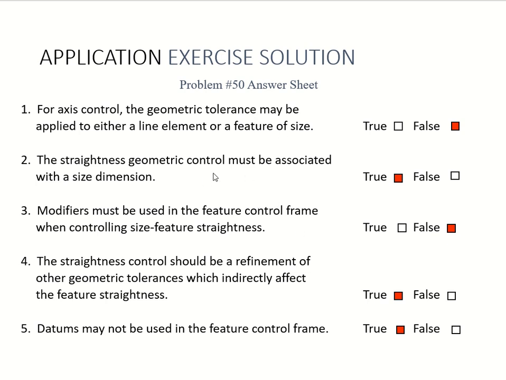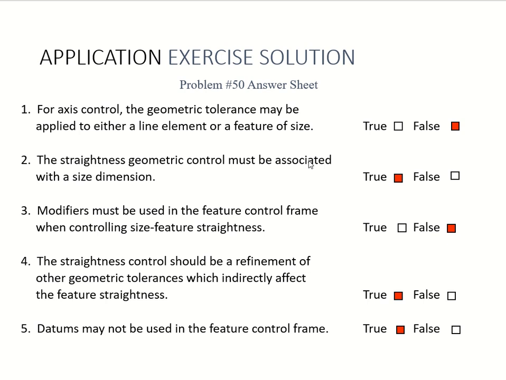For the first three, I just read them for you. The very first one is not true, it's false, because you have to understand the relationship between this geometric tolerance and feature of size. So I want you to go back and pay attention to the feature and also the feature of size, and your axis control.